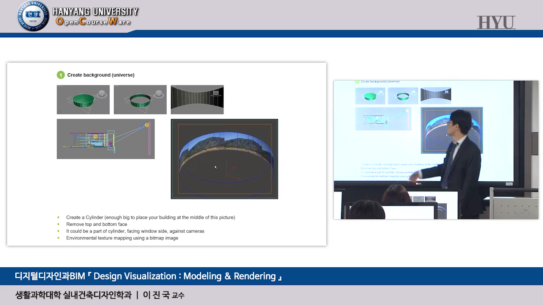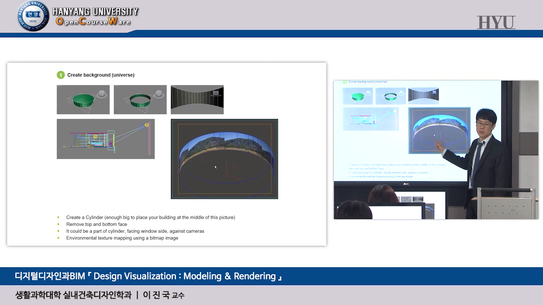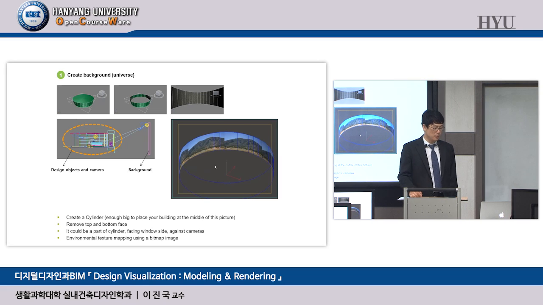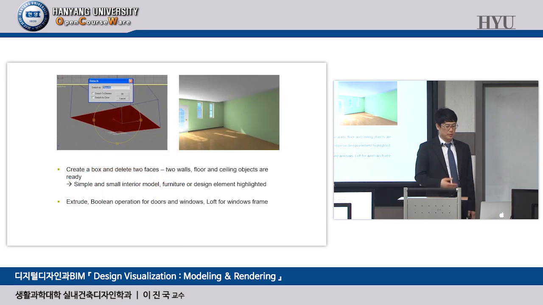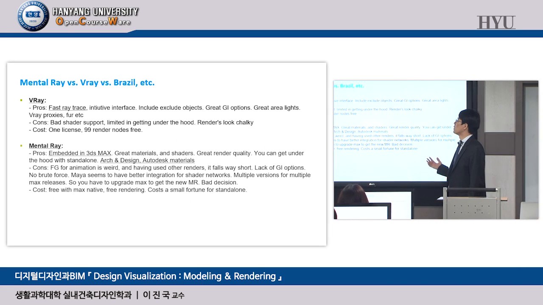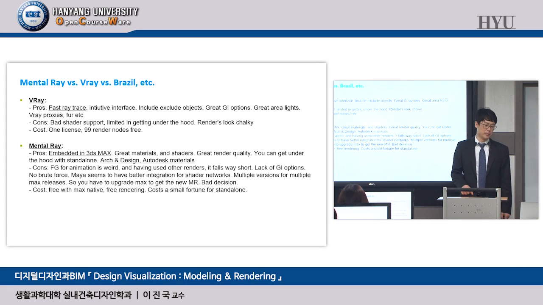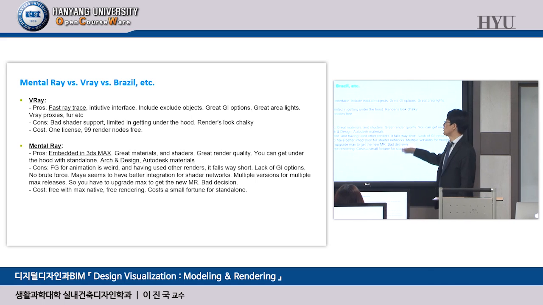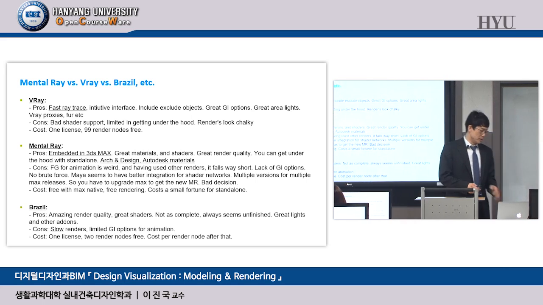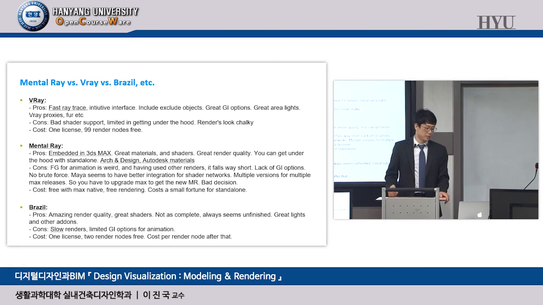And your object, your design, can be placed exactly in the middle of that environment. Okay, this is the so-called fake geometric environment. And your geometry elements can be controlled, and you can use rendering tools, V-Ray, Mental Ray. We're not going to deal with this in detail. We're going to deal with those parts in the actual lab exercise for today.